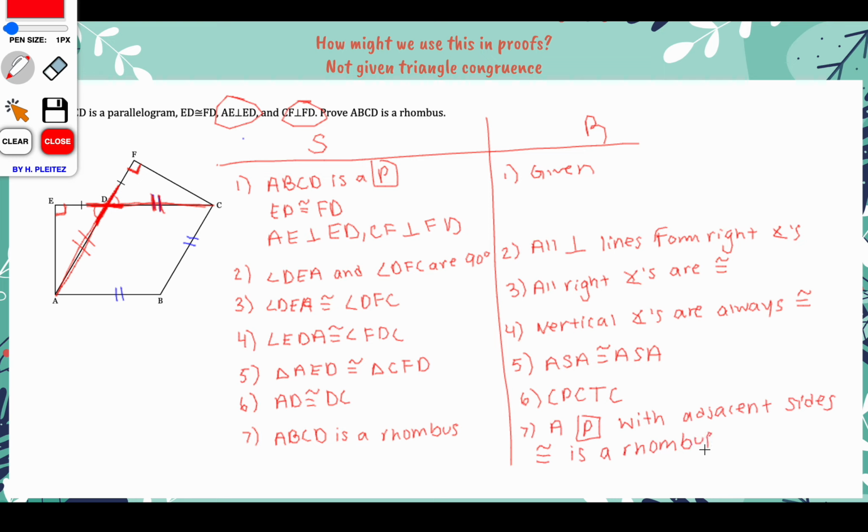Now, adjacent just means next to, right? So we had these 2 consecutive sides, or these 2 adjacent sides. We knew that those were congruent. So we can use our logic of parallelogram stuff to know that the other pair is going to be congruent as well. But a parallelogram with adjacent sides congruent is a rhombus. And then we are done.